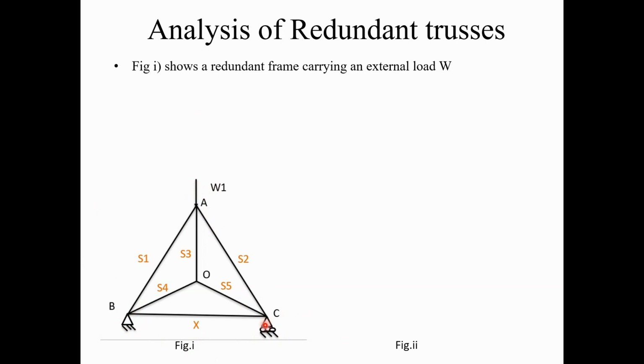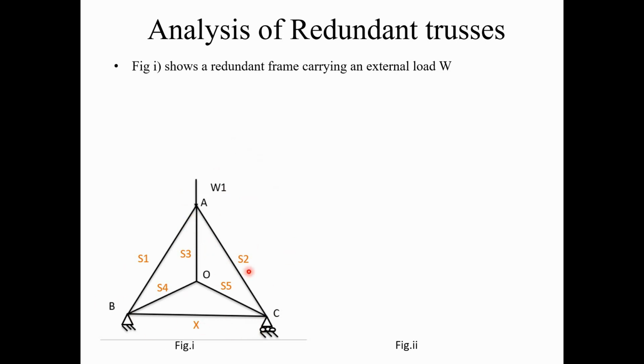So the number of unknowns is 3 and the number of available equations is also 3. So this truss is statically determinate externally. But if you find its internal indeterminacy, using m equal to 2j minus 3, you can check that this truss is a redundant truss.